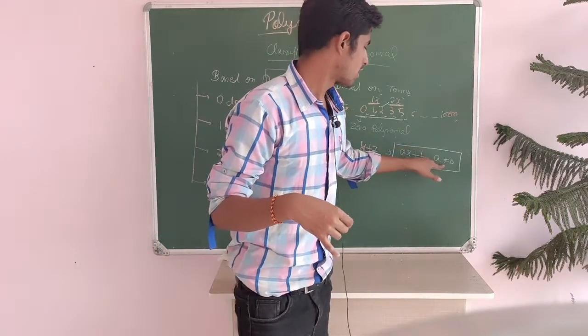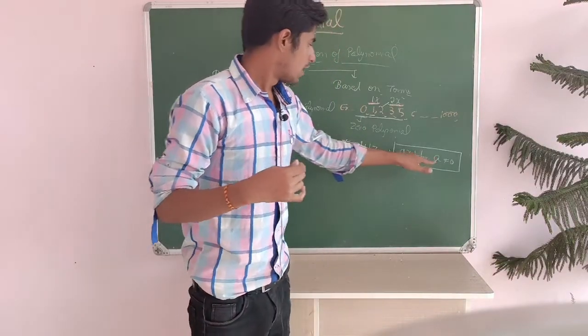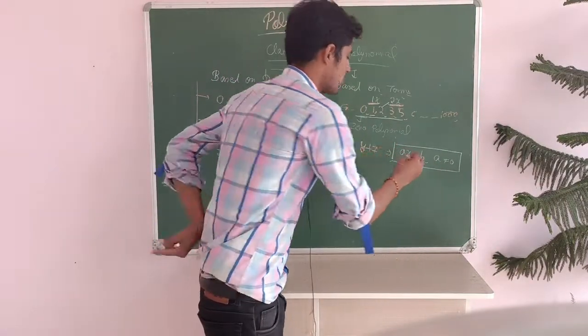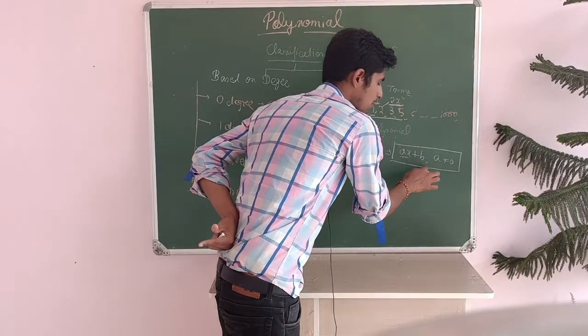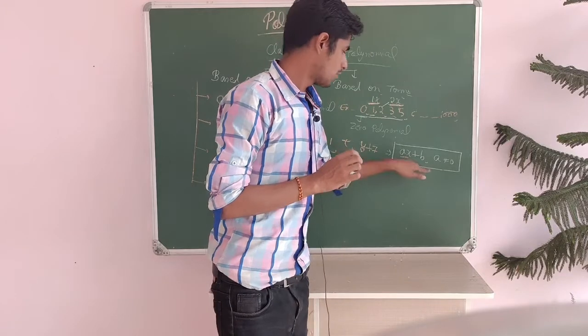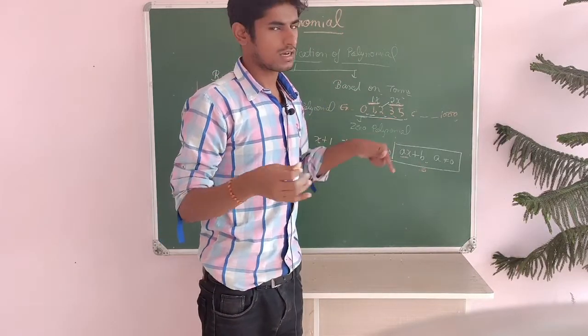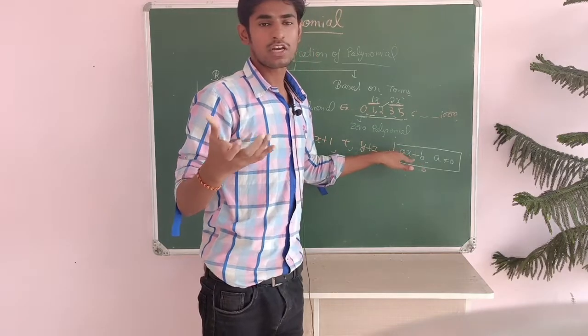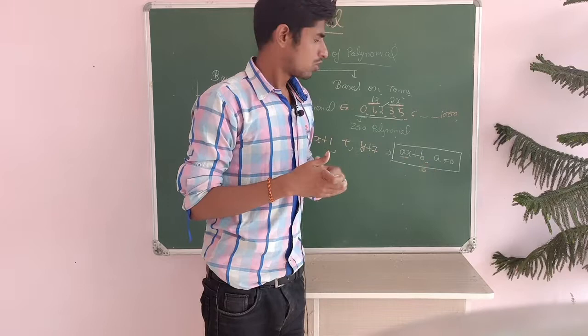But why have I written a not equal to 0? If a becomes 0, this will become b, which is a constant polynomial. So it will not remain a linear polynomial.